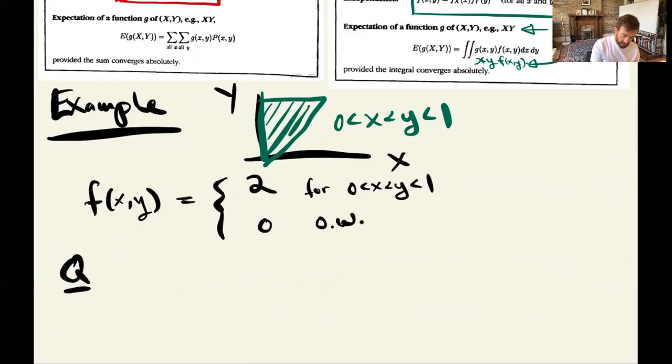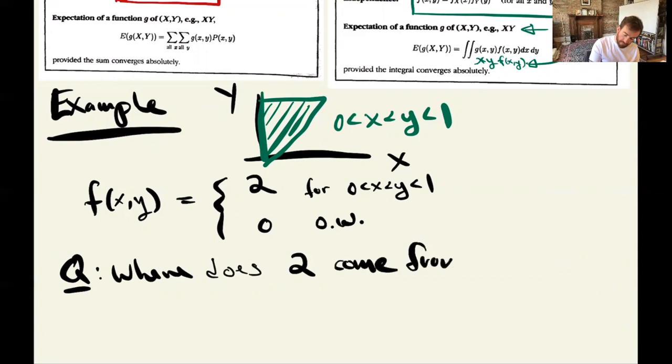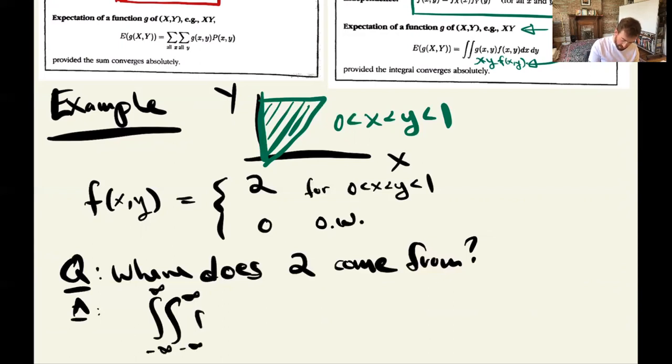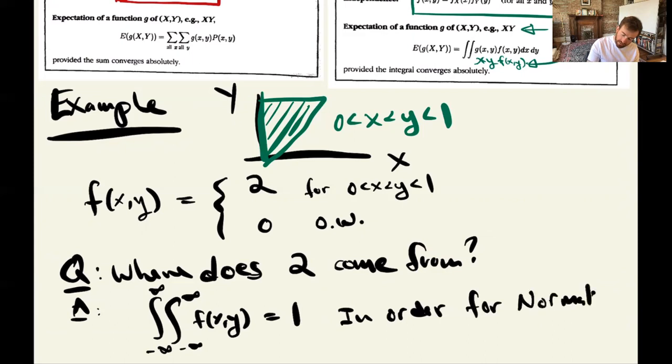Now the question you might ask yourself is, where does 2 come from? Well, the answer here is that the integral from minus infinity to infinity, and minus infinity to infinity, of f of x, y must equal 1 in order for the normalization axiom to hold.